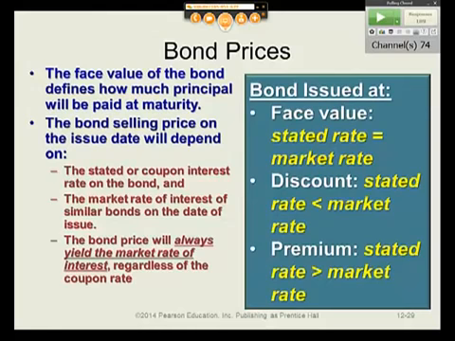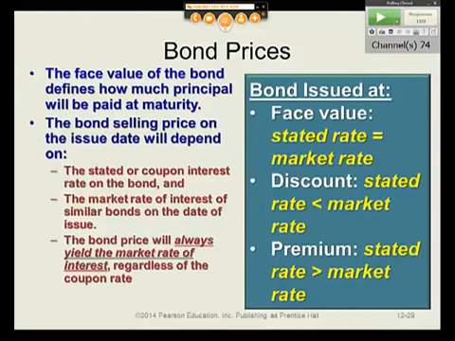If the buyer pays $1,200, but they're only going to get $1,000 at maturity, their rate of return drops, and it drops to 10%. So the punchline here is that bonds are always priced so that the investor earns the market rate, and I, as the debtor, always have to pay the market rate of interest. It'll always work out this way.